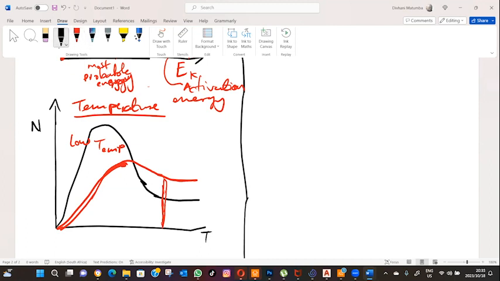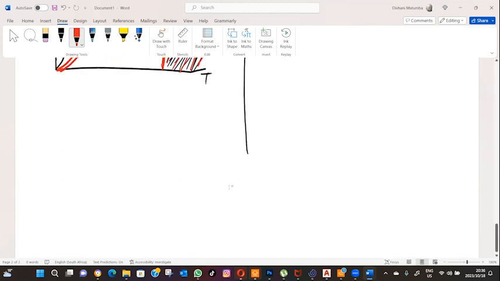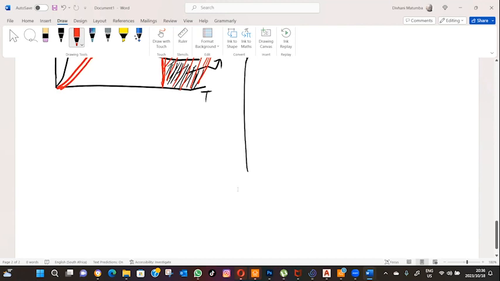For low temperature, you can see these are the amount of particles. But if you increase the temperature, more particles will react because there will be enough energy in order for the reactions to start.